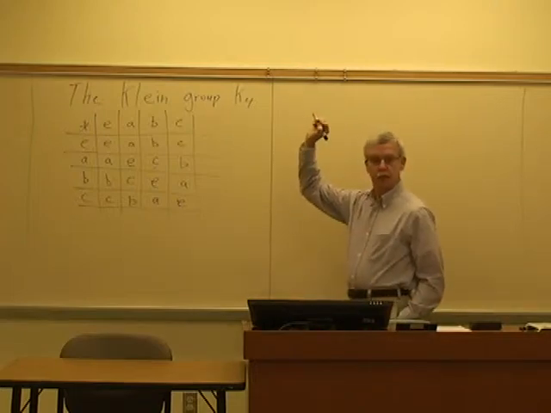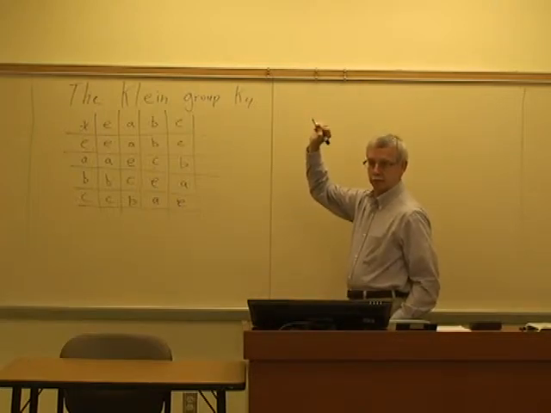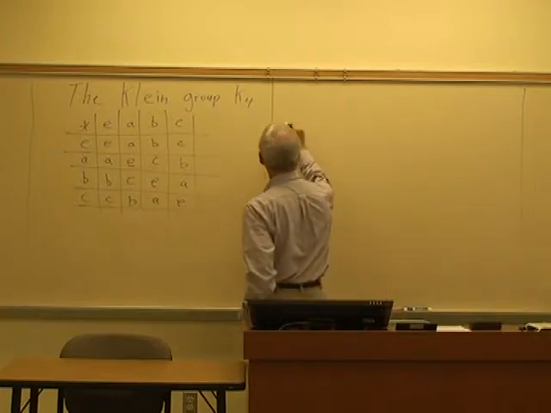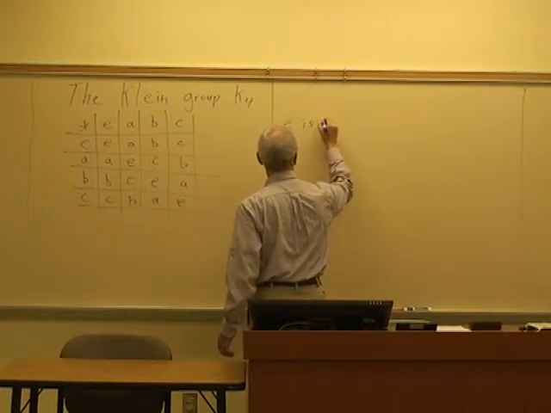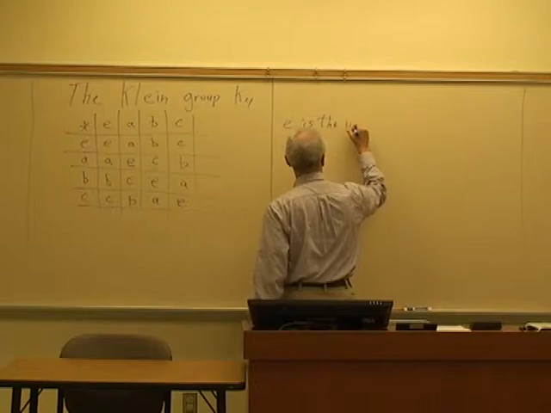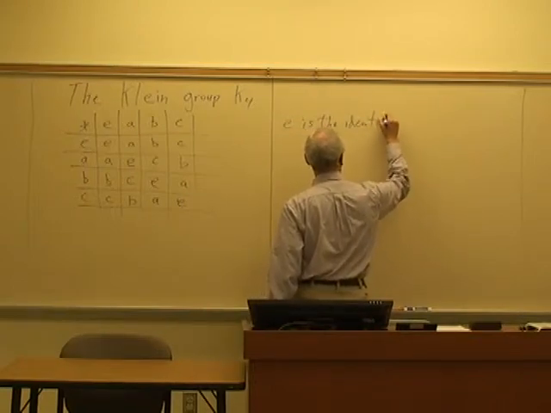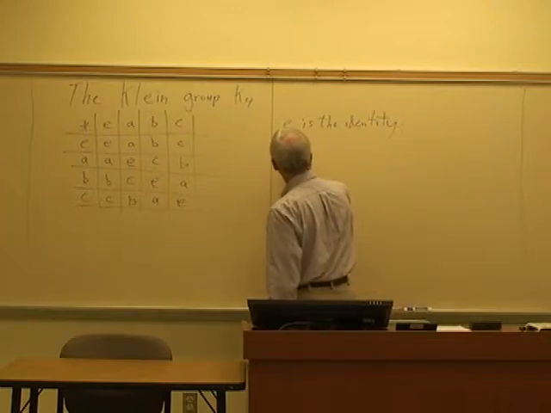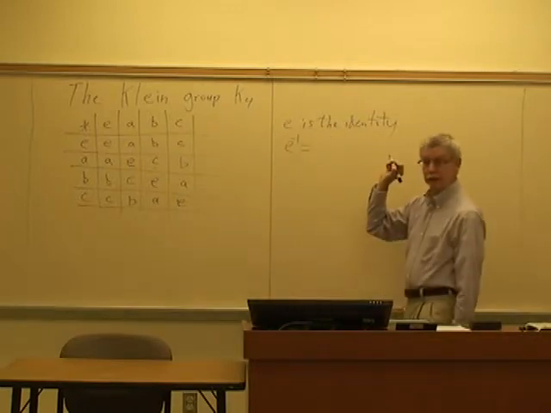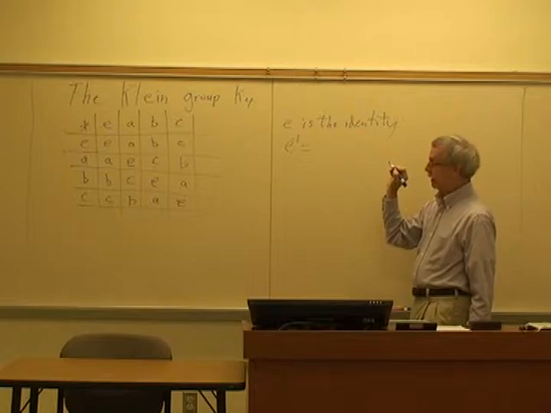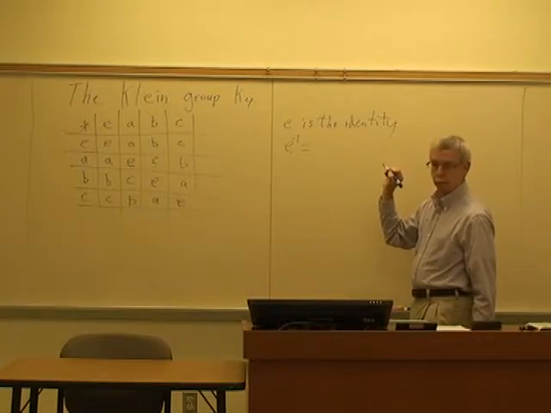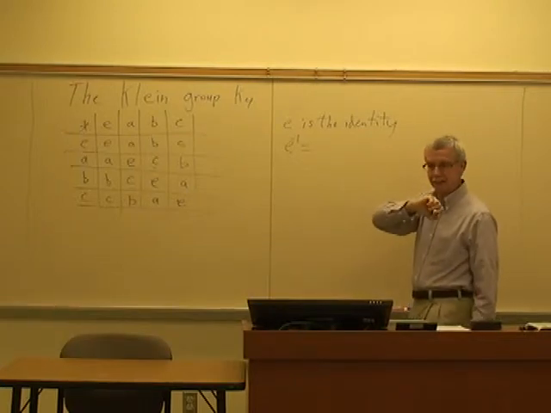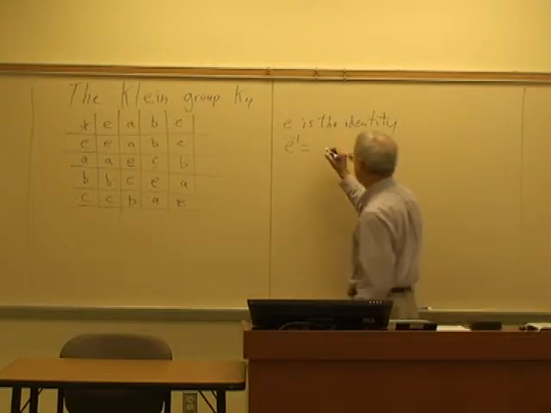What do we need for a group? Identity. Well, E is the identity by inspection. So we have identity. Everybody needs an inverse. E inverse is always. What do I multiply the identity by to get the identity? So itself.